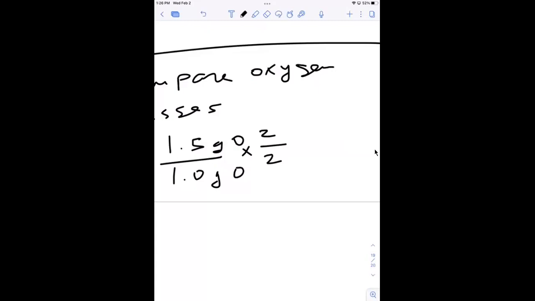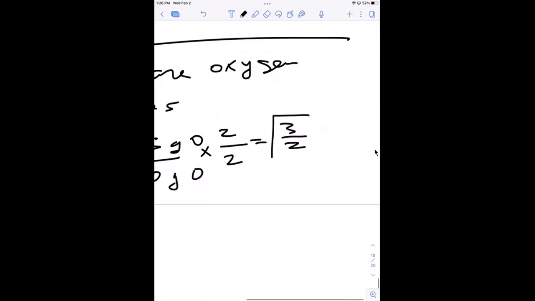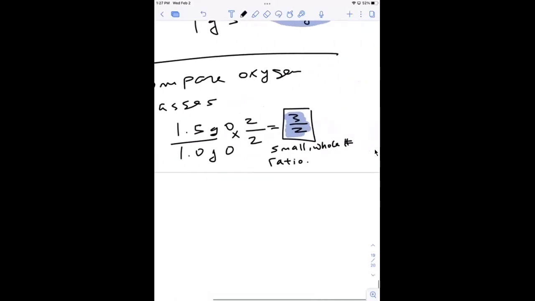That other number was so close to 2 that we could just say okay, this is 2, but this we're actually rounding up by 0.5, so we don't want to do that without touching that bottom number. So then this is 3 to 2. And again, this is a small whole number ratio. Does that make sense? Yes. All right.